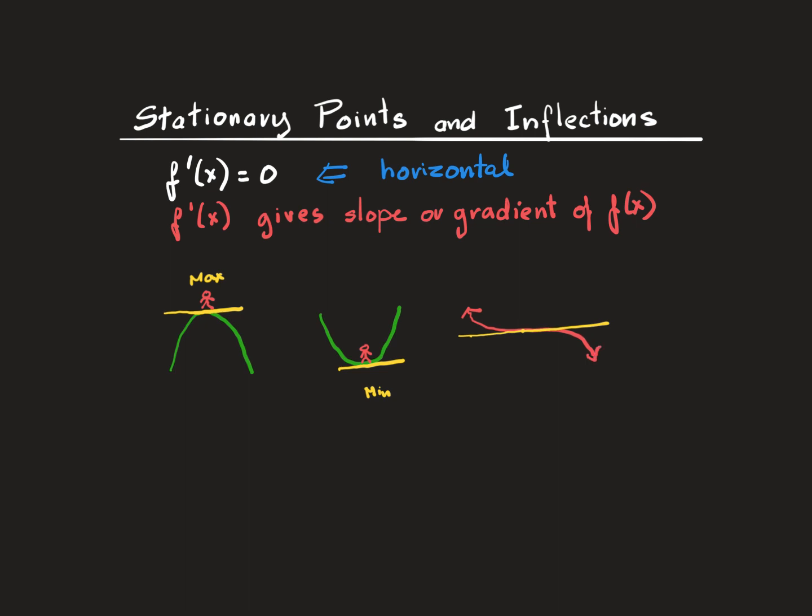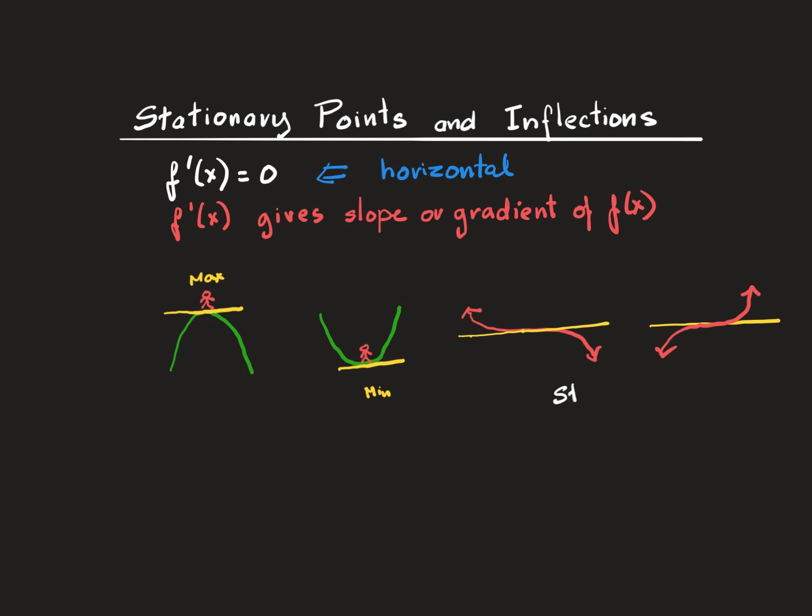Same thing, I can just draw another one here in the opposite direction, and you'll notice that that also gives me another horizontal point on this curve.